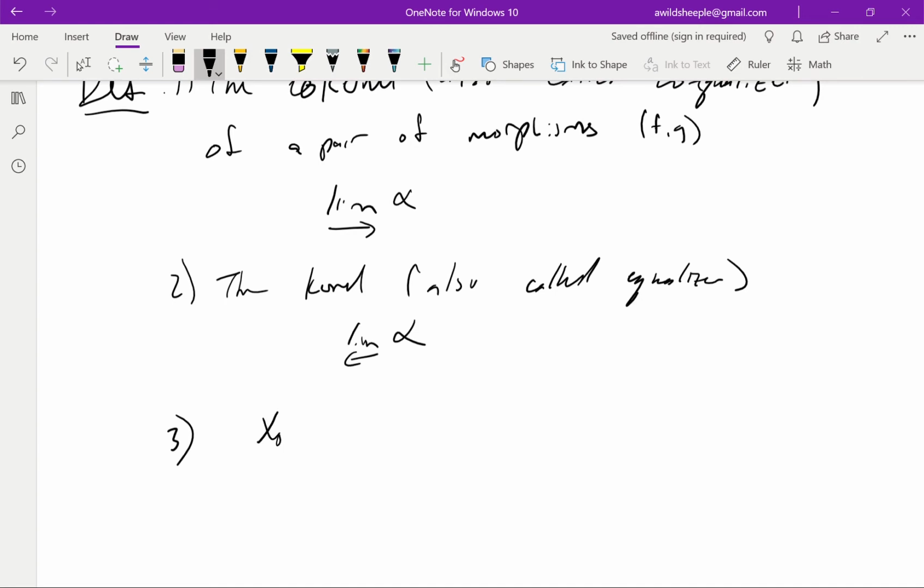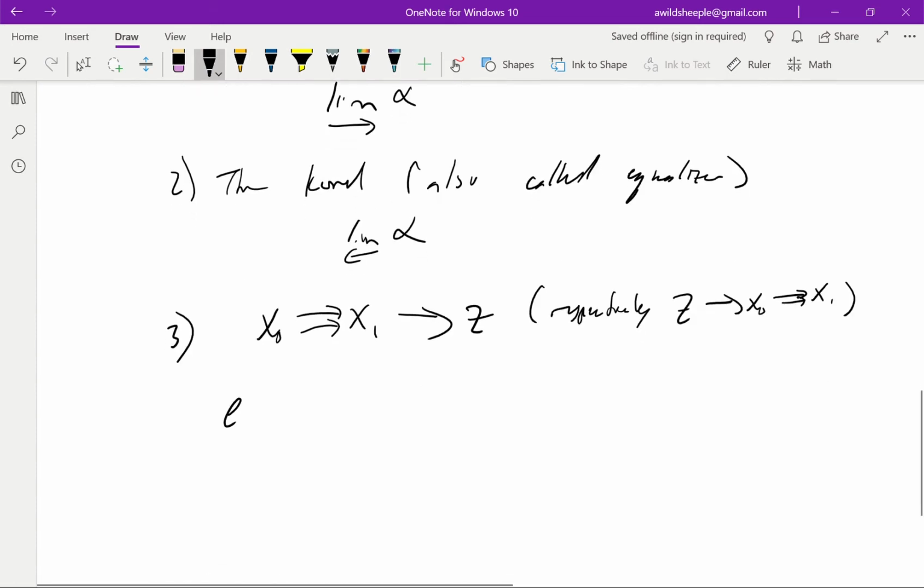If I have a sequence x0, x1 with a pair of maps, and then mapping to some z, or respectively, z, whoops, that's not where the double arrow goes, z to x0, and now double arrow to x1, then we call this exact if z is isomorphic to either the cokernel or the kernel, or I guess I want to say, to the cokernel of the kernel of the pair of arrows.